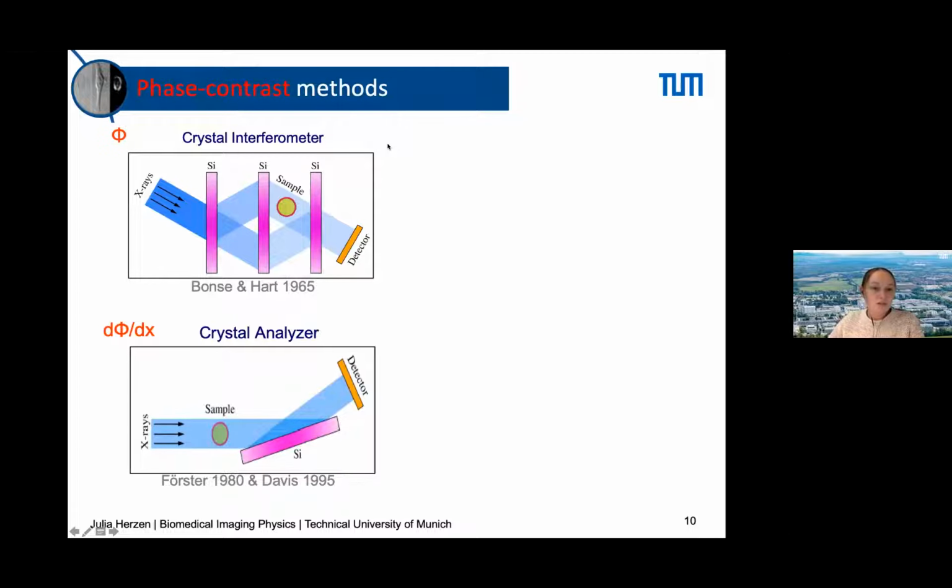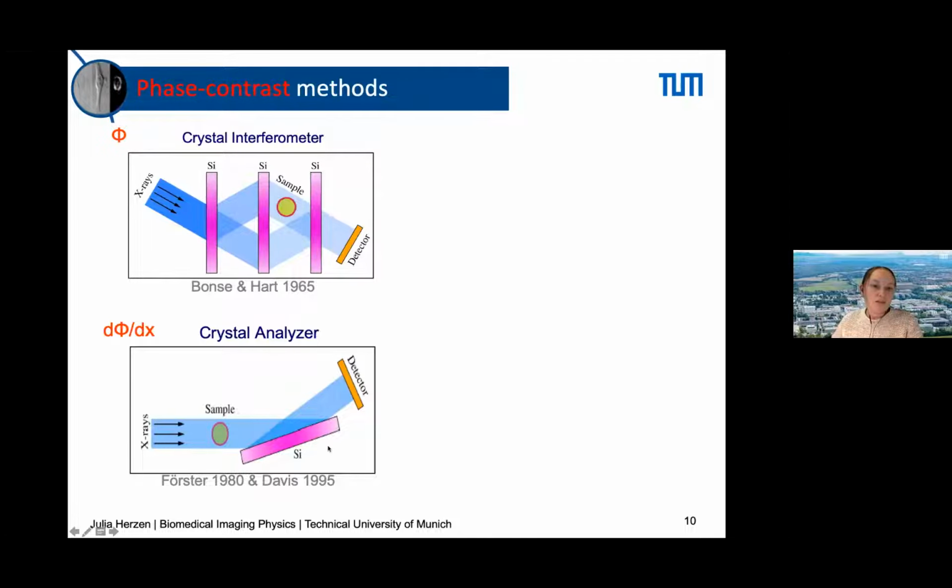Then one very common method, but I think more and more less used at the synchrotrons, is the so-called crystal analyzer method. It's trying to detect the refracted angles, the refractive intensity, by shifting a silicon crystal by an angle.